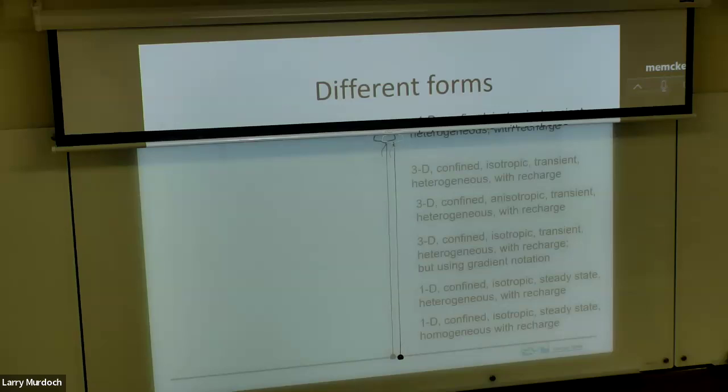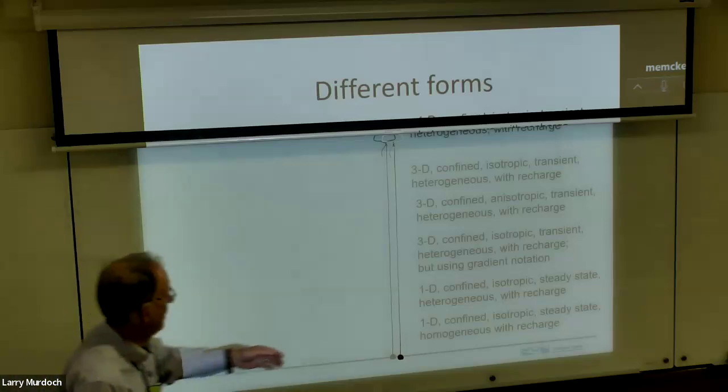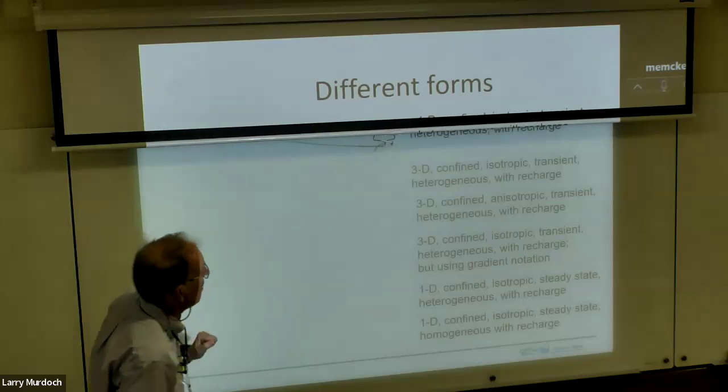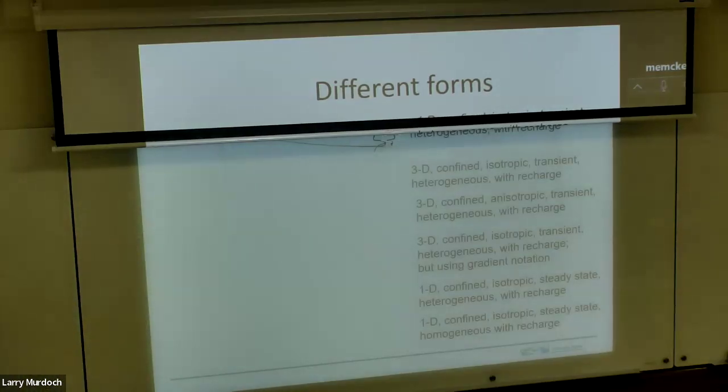All right, so what we're doing now is trying to come up with a way to analyze the flow of groundwater. The approach is to come up with a way first to determine the distribution of hydraulic head. Once we know that, we can take the gradient and use Darcy's law to get the flux.